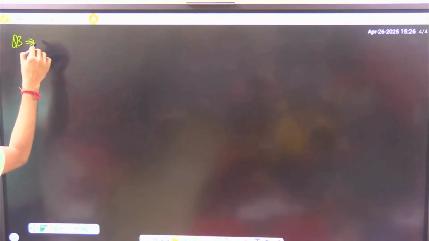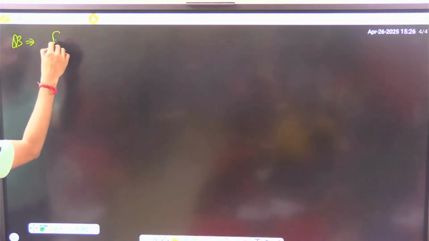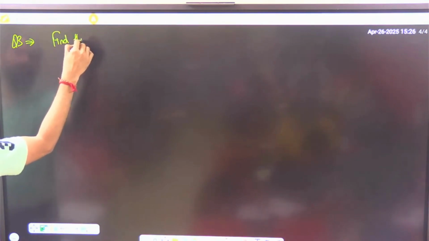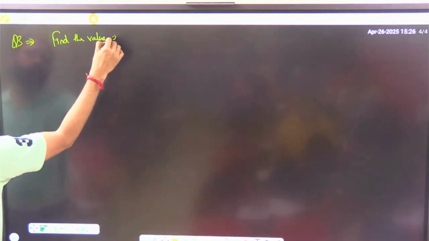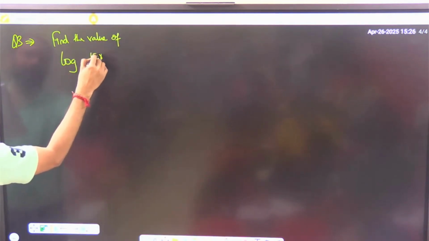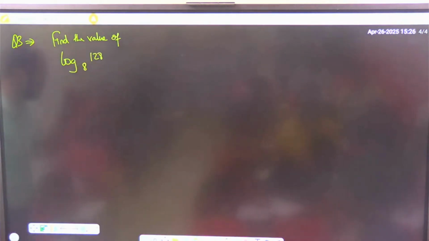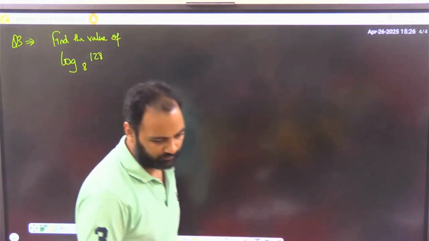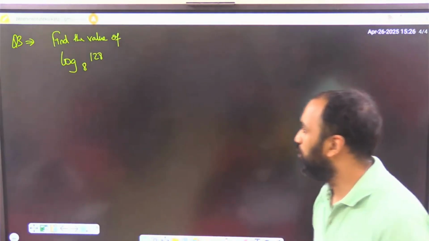Question 3. Based on the stuff that we have discussed, find the value of log of 128 to the base 8.